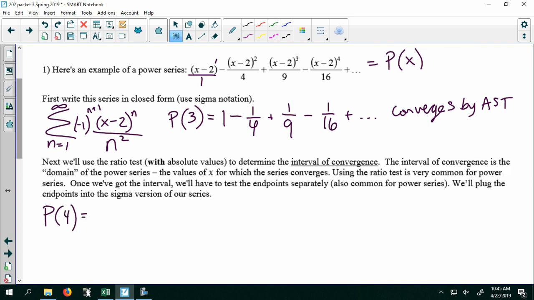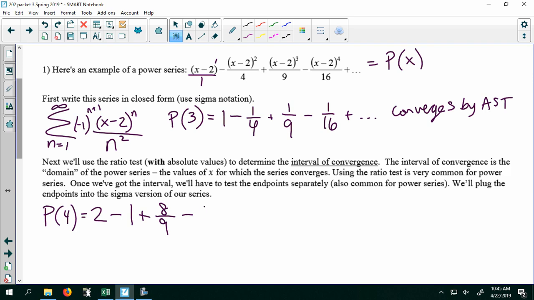So p of 4. 4 minus 2 is 2. Minus 4 minus 2 is 2. Squared is 4. So 4 over 4 is 1. And then 2 cubed is 8. So I have 8 over 9. Minus 2 to the 4th is 16.